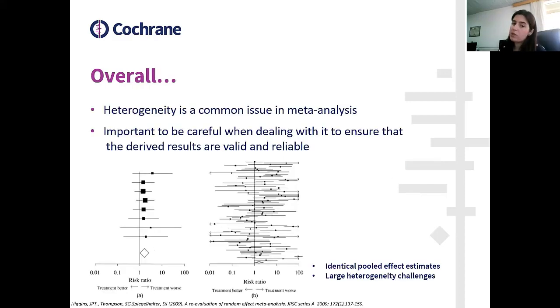Overall, heterogeneity is a common issue that we face in meta-analysis, and we need to learn how to deal with it. It is important to be careful when dealing with it to ensure that the derived results are valid and reliable.